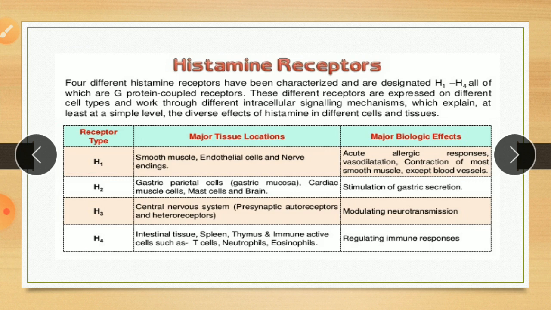Extensive pharmacological and molecular biology studies have revealed the presence of at least 4 different histamine receptors in the mammalian system, designated as H1, H2, H3 and H4 receptors. So there are 4 types of histamine receptor, but the first two, H1 and H2, are important. Most histamine actions occur through the H1 and H2 receptors.